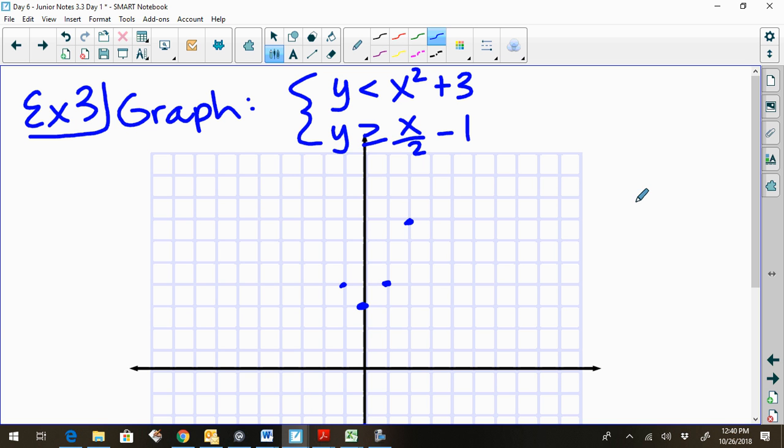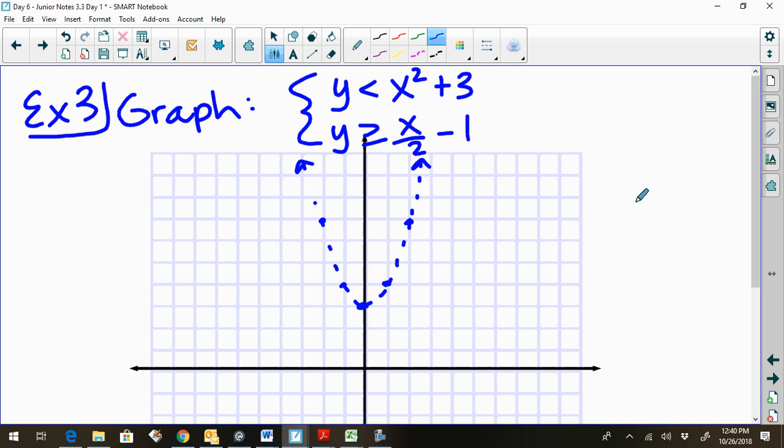And it's not equal to, so we do a dashed line. And for that one, we're going to test it. Is 0 less than 3? The answer is yes. So am I going to shade on the inside or the outside of that? I'm going to shade on the outside.